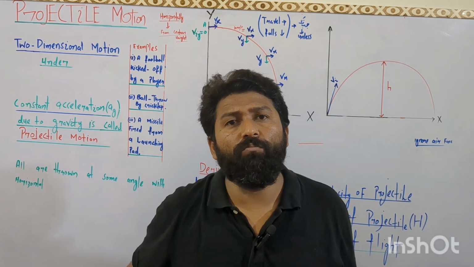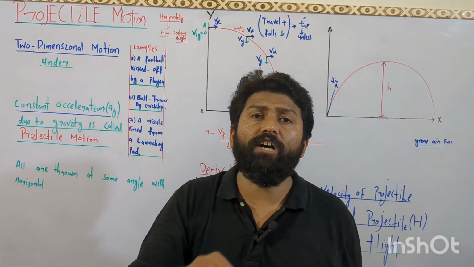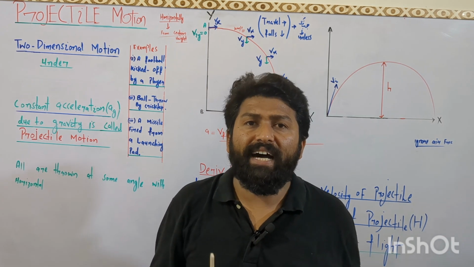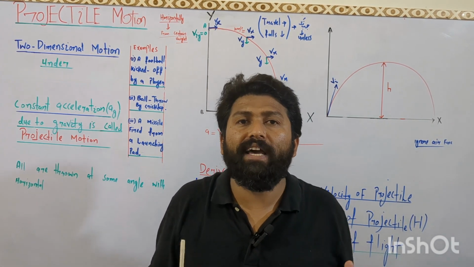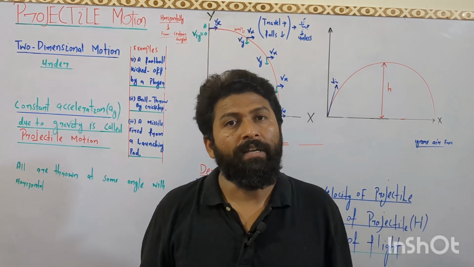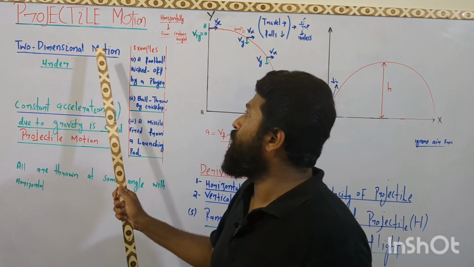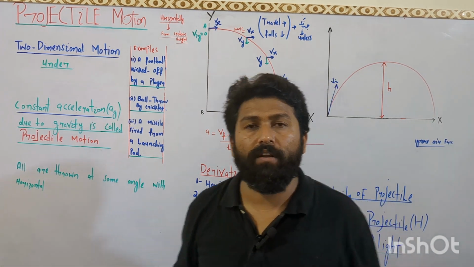If anything moves upward, it will come downward because of the gravity of Earth. So two-dimensional motion under constant acceleration due to gravity is called projectile motion.